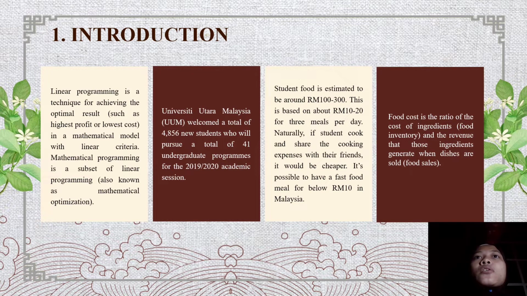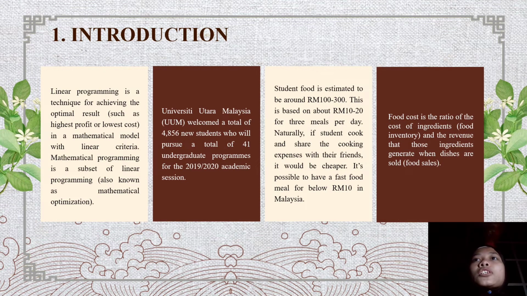This is based on about 10 to 20 ringgit Malaysia for 3 meals per day. Naturally, if students cook and share the cooking expenses with their friends, it will be cheaper. It's possible to have a fast food meal bill below 10 ringgit in Malaysia.